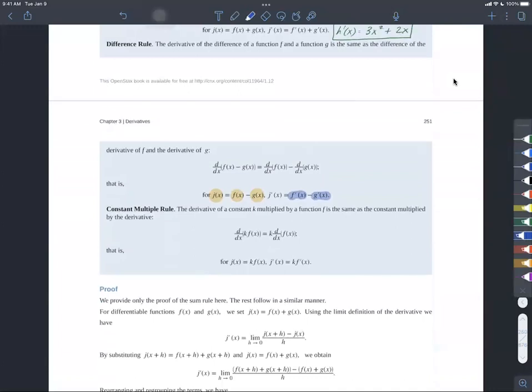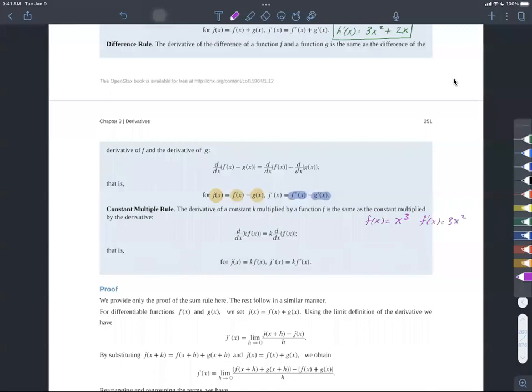Okay, what about a constant multiple rule? Well, let's use f of x from before. F of x was equal to x cubed. We know how to find its derivative: f prime of x is equal to 3x squared.